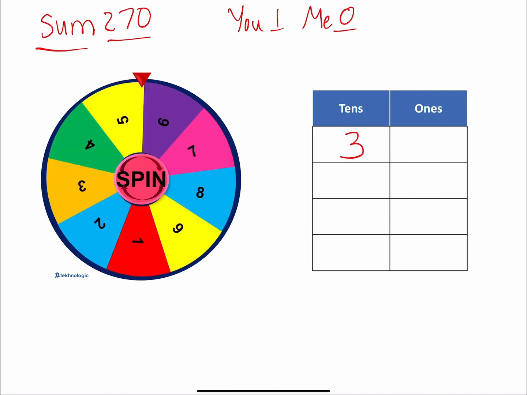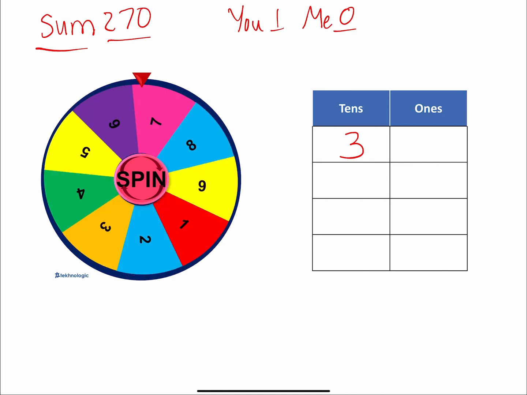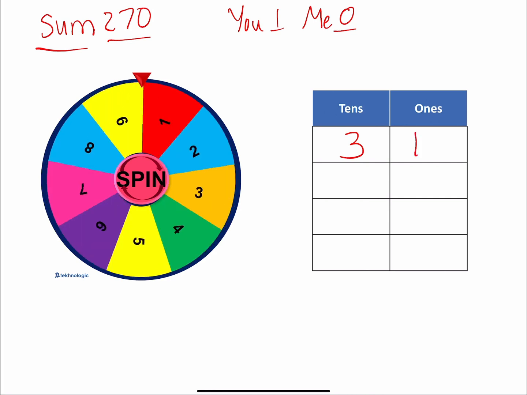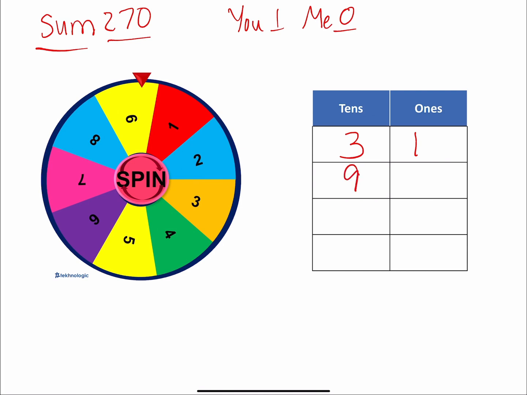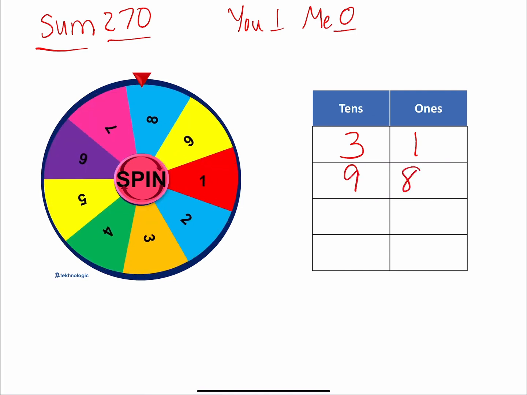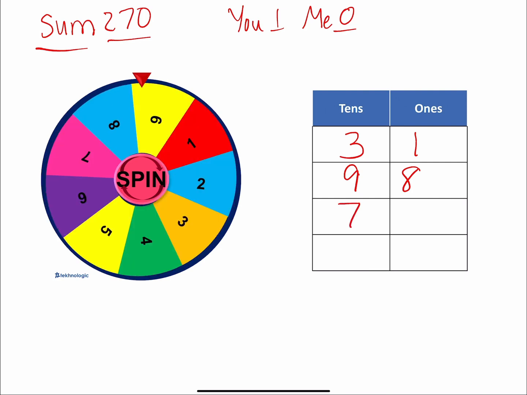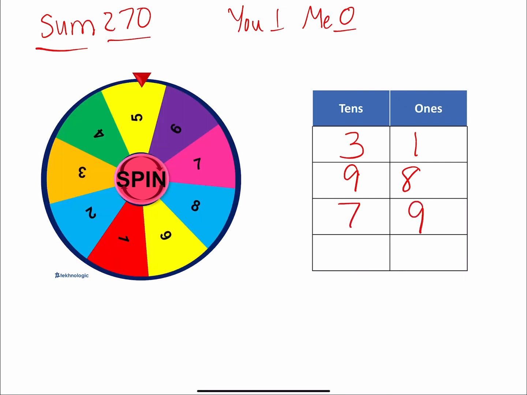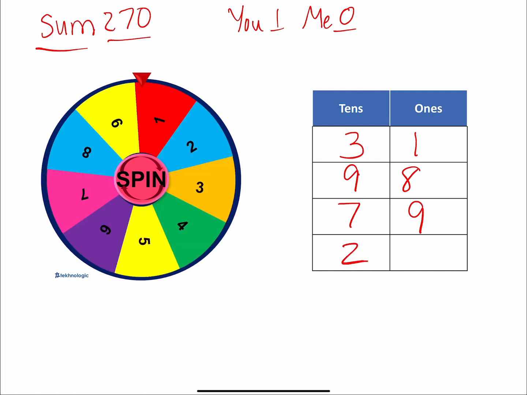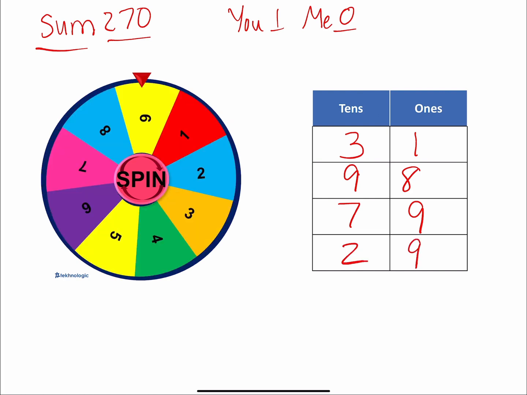I got 3 tens, 1 one. 9 tens, 8 ones. 7 tens, 9 ones. 2 tens, 9 ones. Okay, so here's my 4 numbers that we're going to add up together. 31 plus 98 plus 79 plus 29.